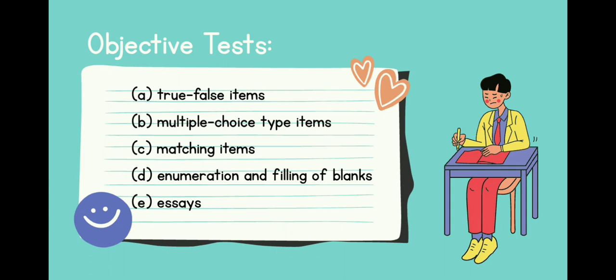Now, as future educators, the development of objective tests requires careful planning and expertise in terms of actual test construction. The more seasoned teachers can produce true or false items that can test even higher order thinking skills and not just rote memory learning.